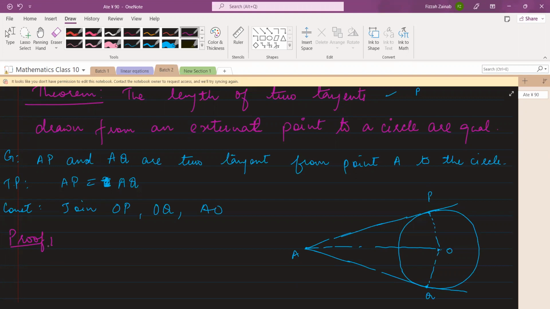Okay, what else do I have? The next thing I can have is that this angle is 90 degrees, isn't it? From the theorem. Yes. What is the third thing I can have here?